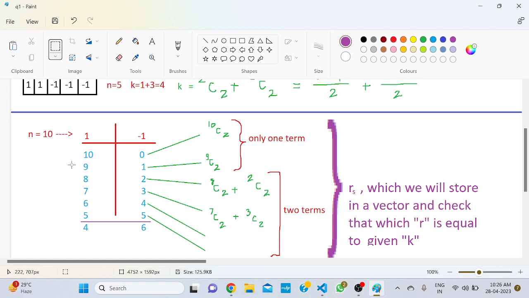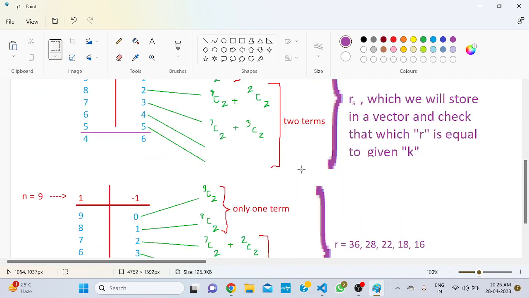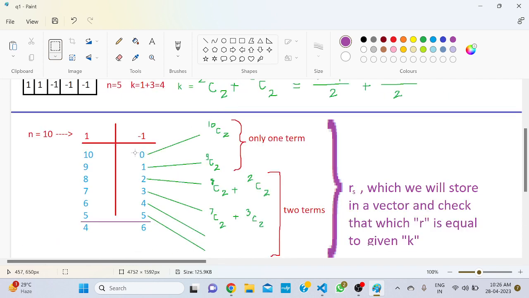Now we can also fill 7 ones and 3 minus ones. So selecting 2 ones out of 7 ones, the way is 7C2, and for selecting 2 minus ones out of 3 minus ones, the way is 3C2. So these are our possibilities of k. If k is any one of these values, we can print yes. And if k is none of these, we will print no.